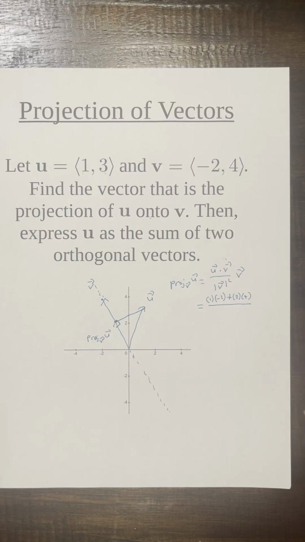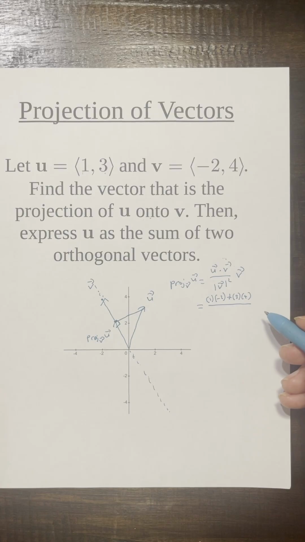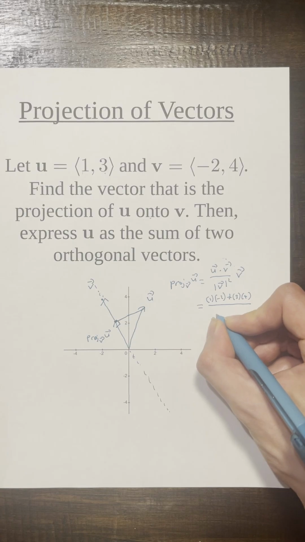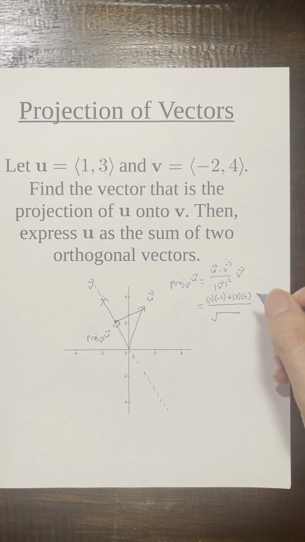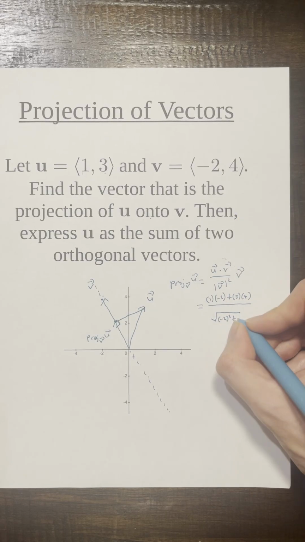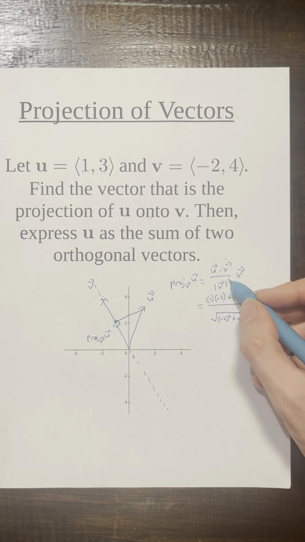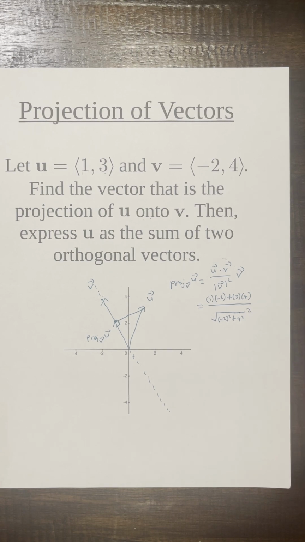Okay, now we need to find the magnitude of vector v. So what's the formula for that? The formula is square root of x component squared plus y component squared. And we're squaring the magnitude, so we need to put a square here as well.